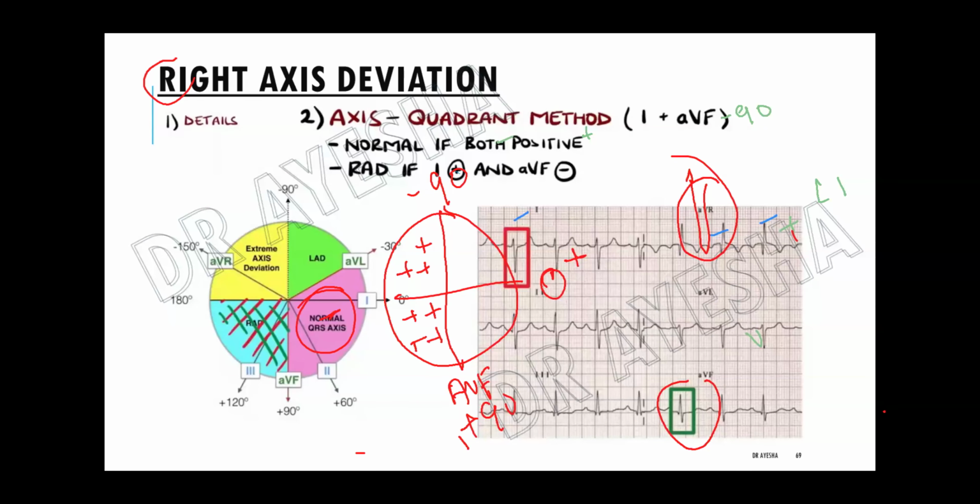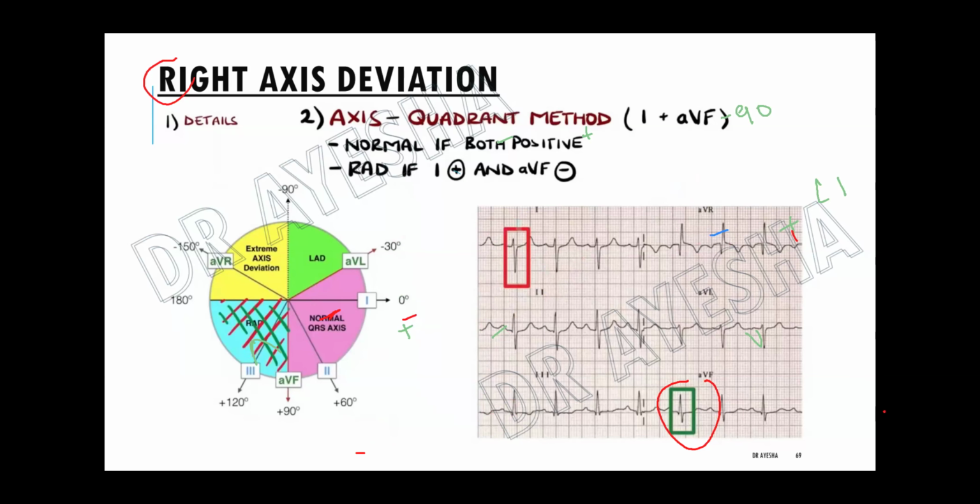This whole part is negative for lead one. Now look at the AVF. When I look at the AVF, I found it is upward. Upward means current in the downward direction. It is intersecting in this quadrant. This quadrant is made for right axis deviation. Okay, people? So we move on.